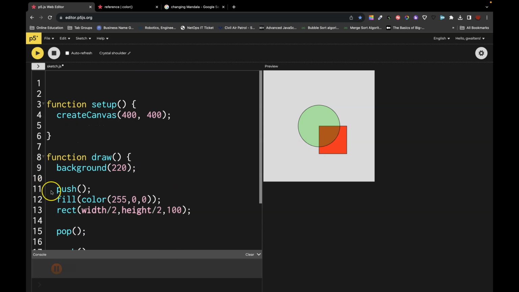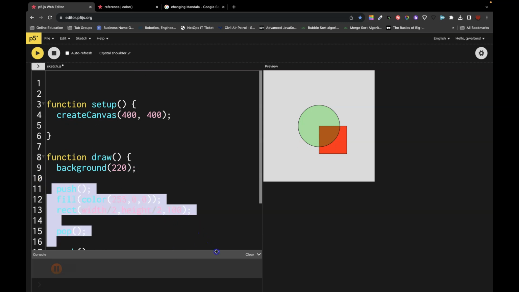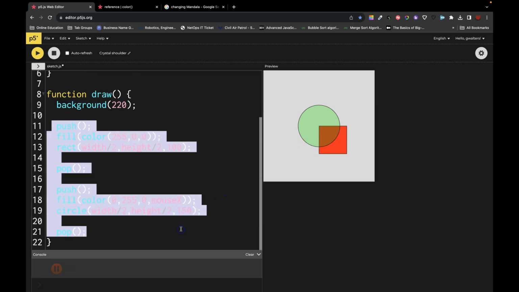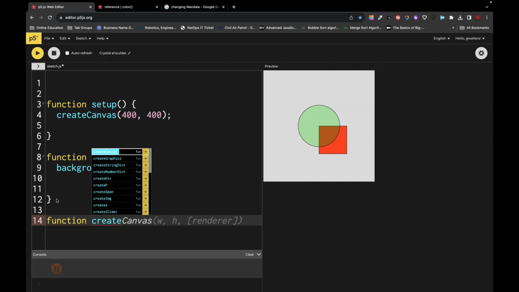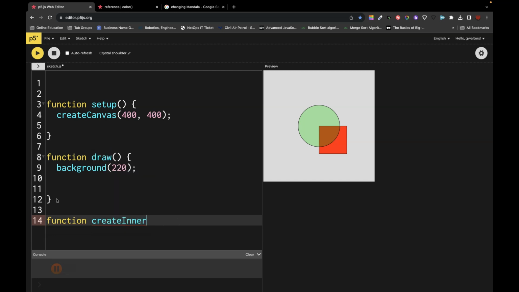So that kind of brings us to where we need to be to design. I am going to create a couple functions just to walk through this. Let's call it inner shape, and I'm just going to do this for organization.